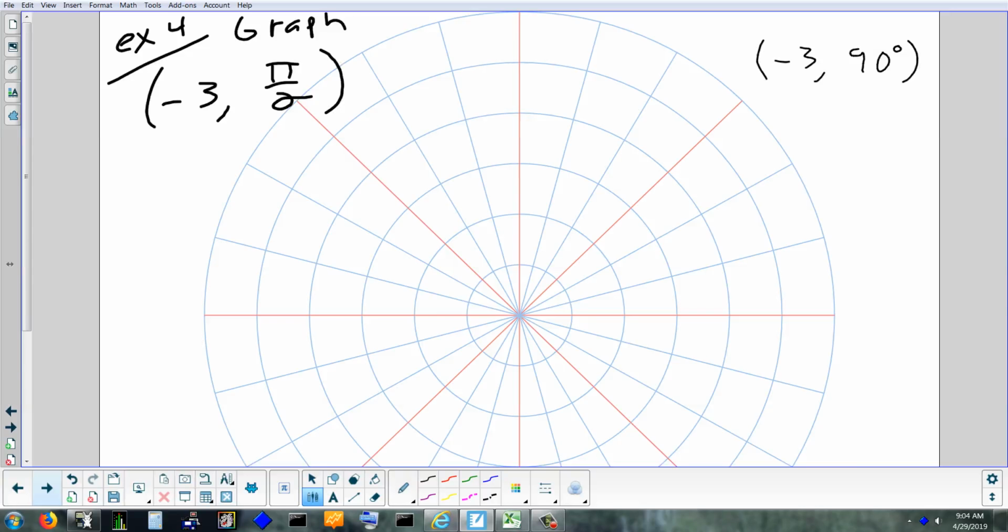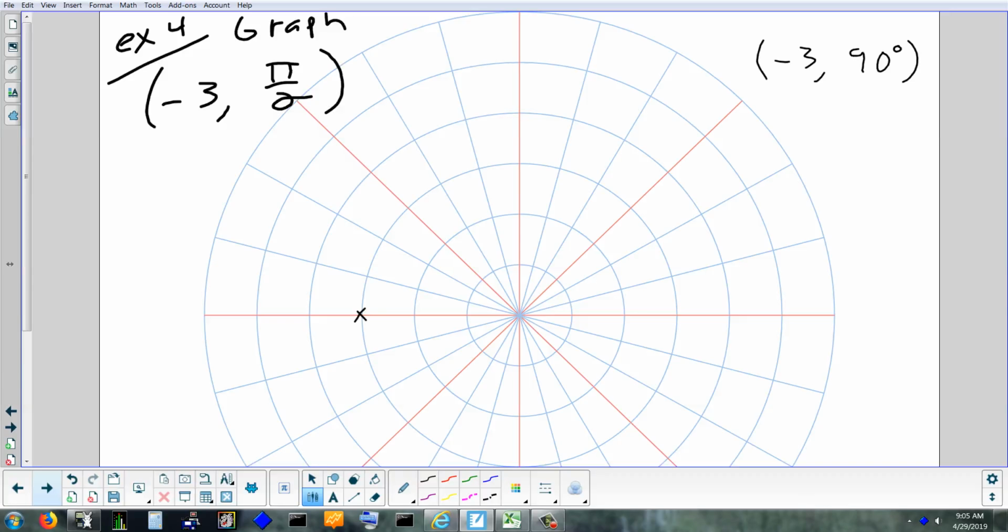All right, so Jose, what's my radius here? Or actually, just tell me, what number am I going to look at first? Yeah, and because it's negative, it tells me to go which way? Left. So 1, 2, 3. So we're going to start from there. And Peter, I'm going to move how many degrees? 90.